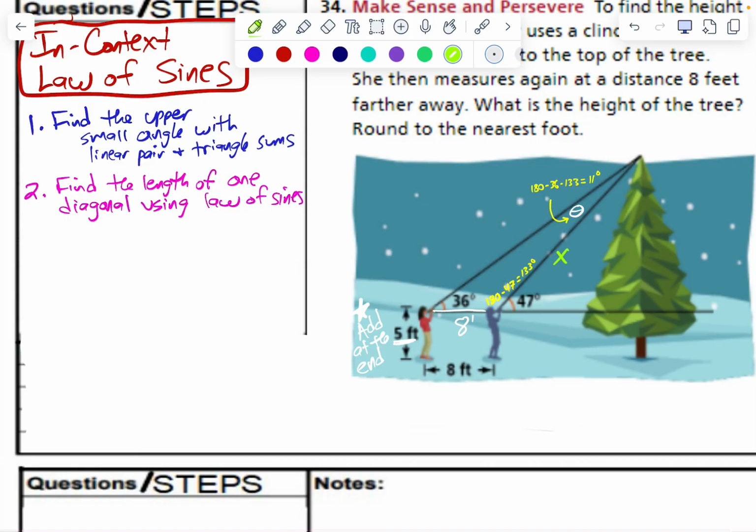Maybe call it x. Sine of 11 over 8, that's our known relationship: the top skinny angle over the side length measured equals sine of 36 over x.